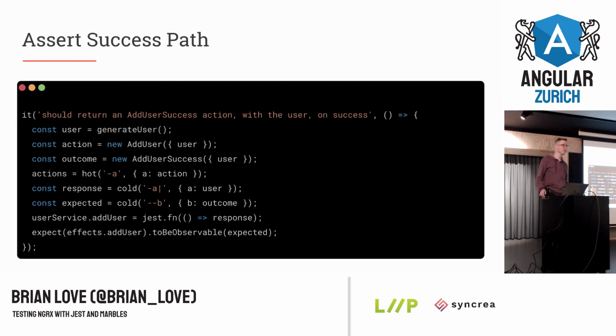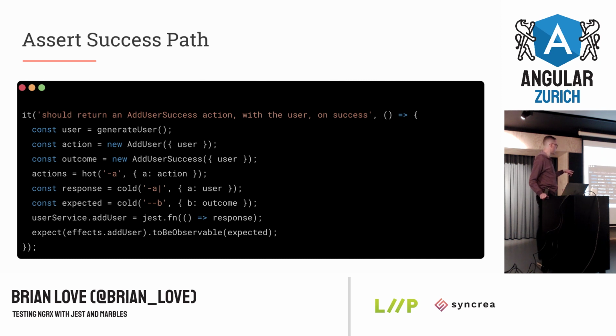Sorry, but before, it was like 10 frames for each character, for each dash. Oh, yeah. So that's why I've got 2 here. So there's 2 ticks here because I'm going to expect that this outcome, which is the add user success, is going to be dispatched after 20 frames.